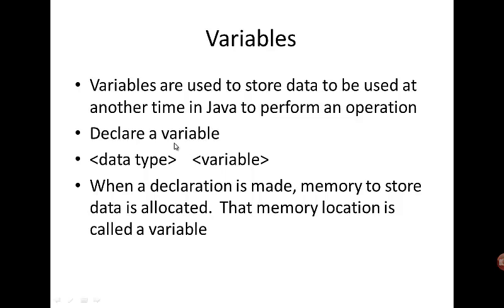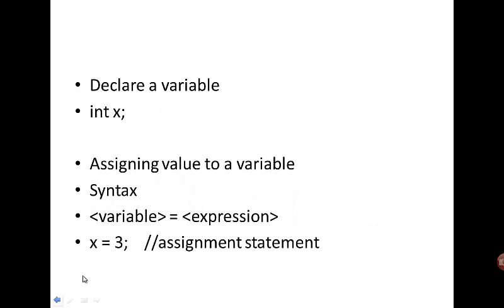So when you declare a variable, you tell the computer that I need to store this variable somewhere, so make space for it. So that's declaring it. Here is an example of declaring it.